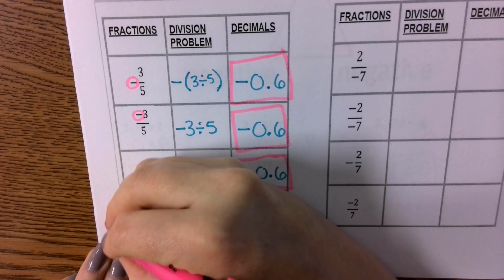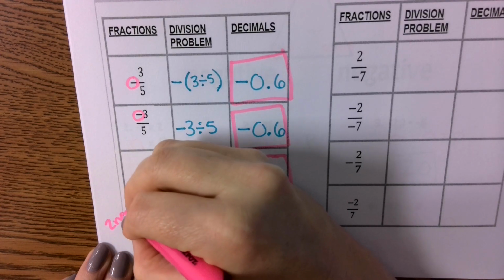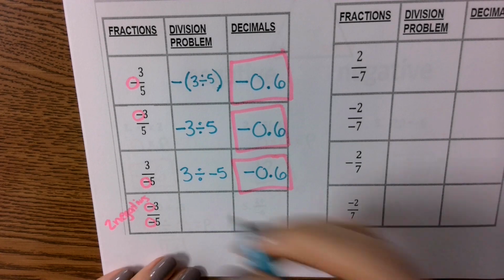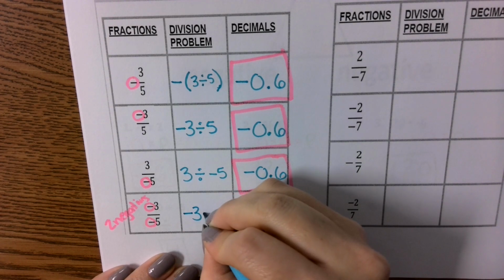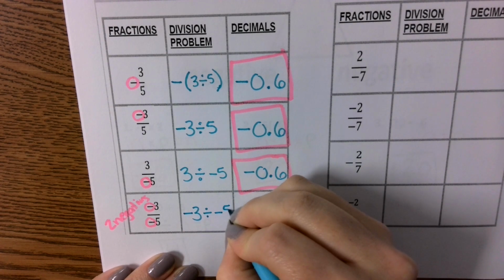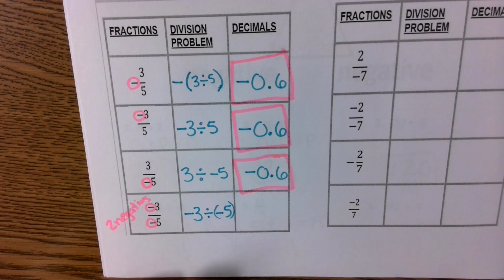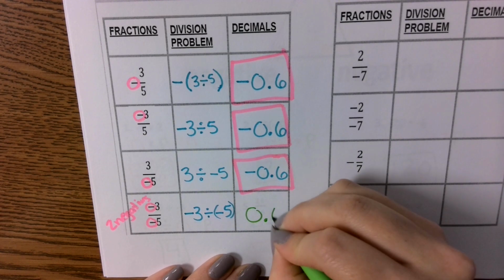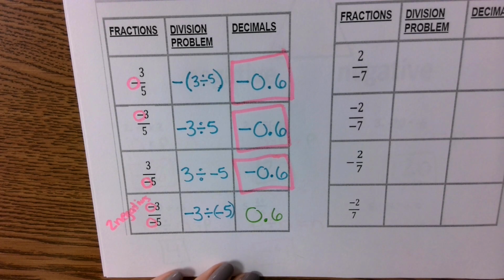When I do negative 3 divided by negative 5, remember we talked about it, negative divided by negative is going to come out to a positive 0.6.